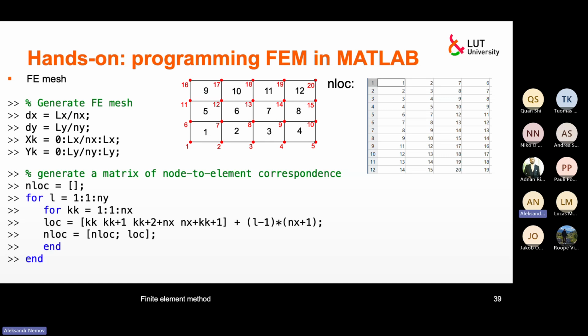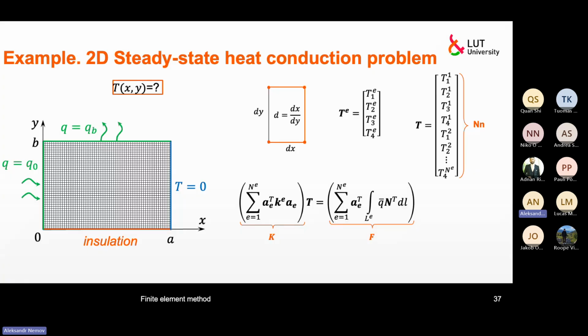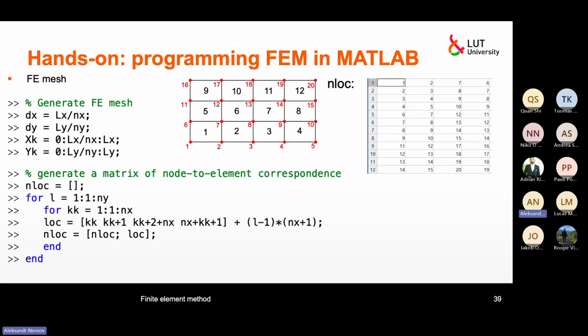So this is not universal, in the sense that it only applies to this kind of element that is shown here. It won't work for an element with 8 nodes. Of course, you will need to modify that. The principle will still stand.